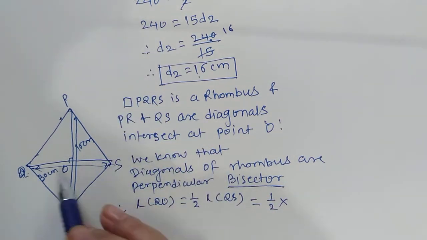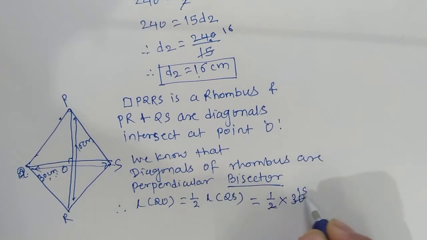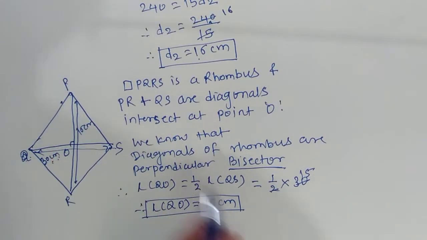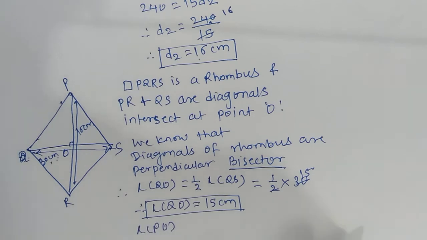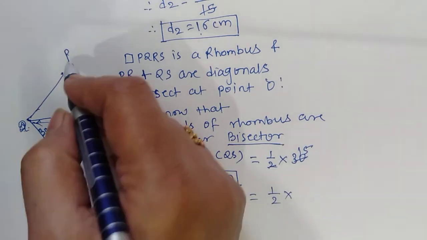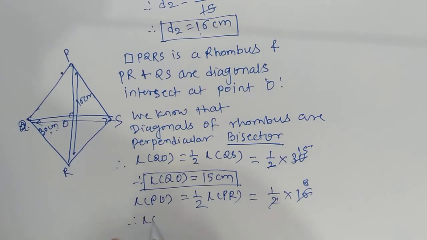QS is D1. It is 30 centimeter. So 2 15s. Therefore length of QO is equal to 15 centimeter. Now calculate the length of PO. So length of PO is equal to half of the length of PR. Put up the values. Half into PR is 16 centimeter. So 2 8s are 16. Therefore length of PO is equal to 8 centimeter.